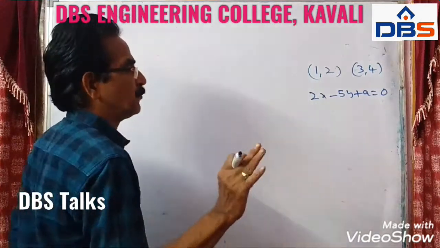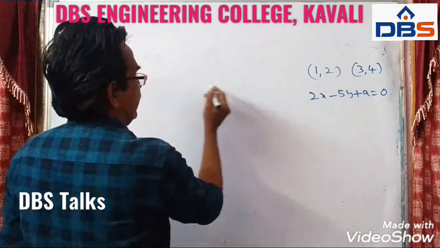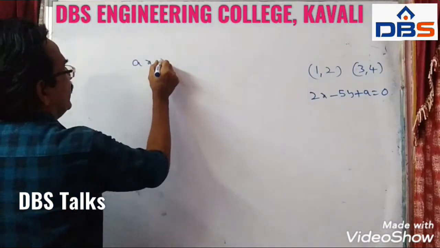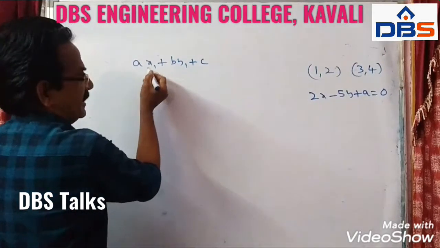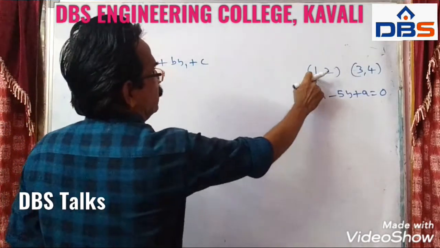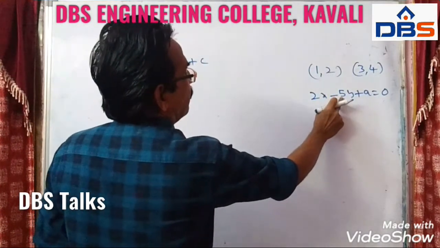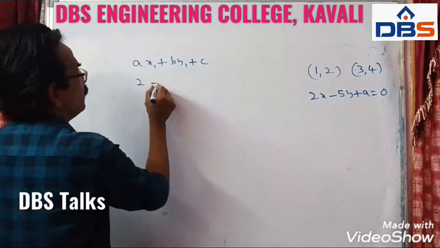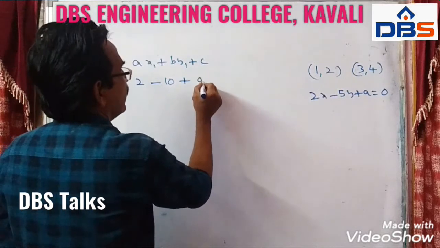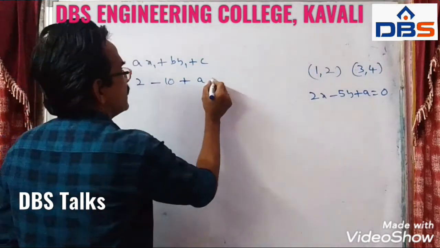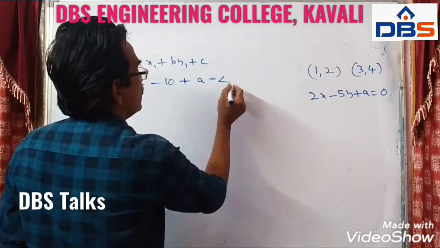Okay friends, now let us substitute. First substitute this point in ax1 plus by1 plus c. 2 into 1 is 2, plus b, which is minus 5, into 2, minus 10, plus a.